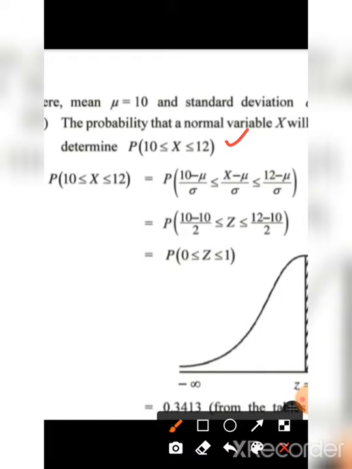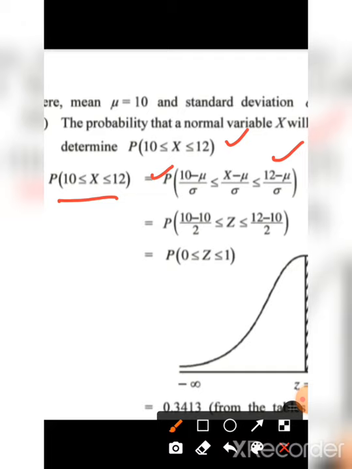Now this x we need to convert into z, that is the standard normal variable, right? So p of 10 less than or equal to x less than or equal to 12 is equal to, over here instead of x1 and x2, x1 is 10 and x2 is 12. We put the values: 10 minus mu upon standard deviation less than or equal to x minus mu upon standard deviation, that is z, less than or equal to 12 minus mu upon standard deviation.